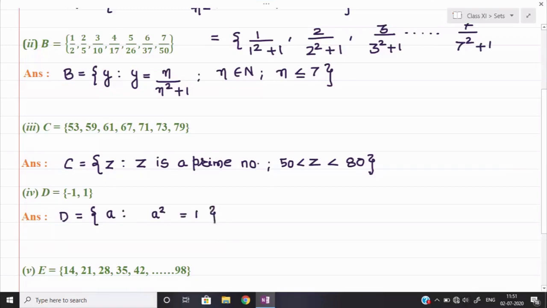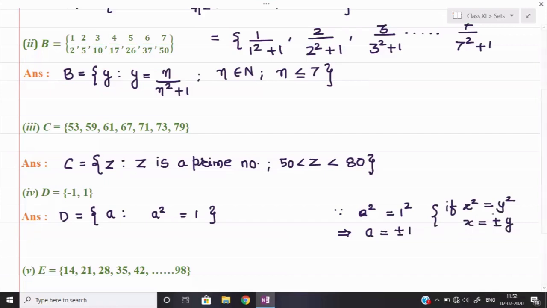Now try to find out the value of a. Suppose I say a square is equal to 1. So 1 I can write down as 1 square. If you remove the square from both the sides, the value of a will come plus minus of 1. You know it by the formula: if the value of x square is equal to y square, then the value of x will always be plus minus of y, because under square, positive and negative values are the same.